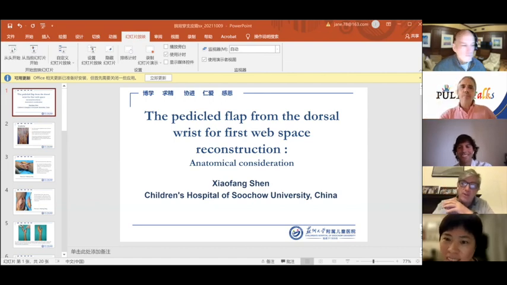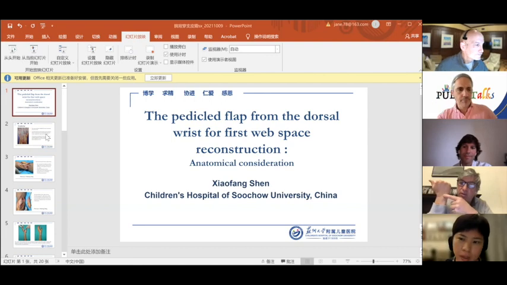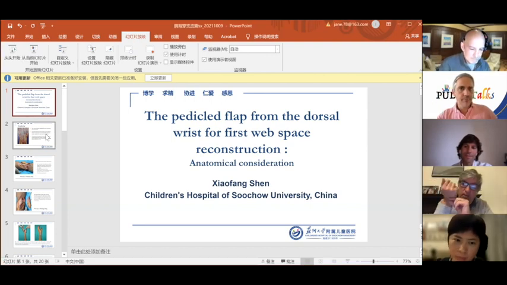The question was how long can you take the flap? The length, not the width. We think it is 3 centimeters, but how long?